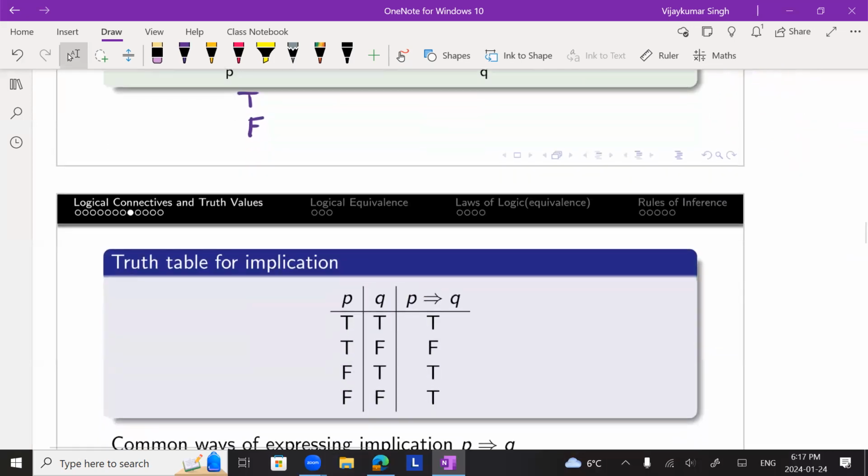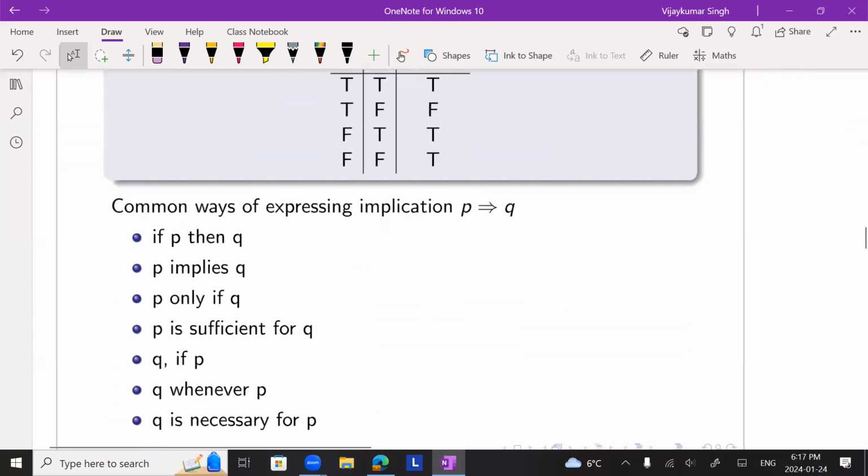So this is how the truth table works, as we saw earlier. P, Q. So we have TT, TF, FT, and FF. It's only false when true implies false. Otherwise, it's always true. So this is called implication. There are a few more ways to talk about implication.